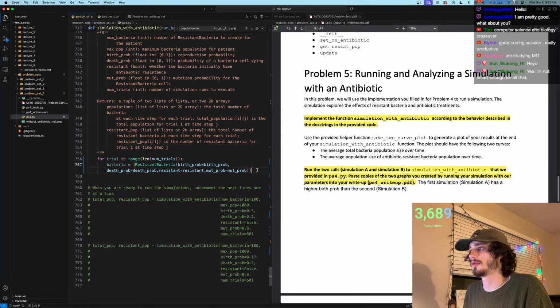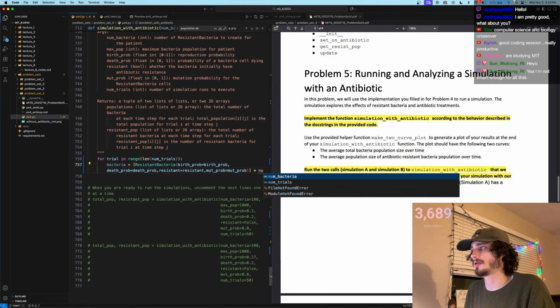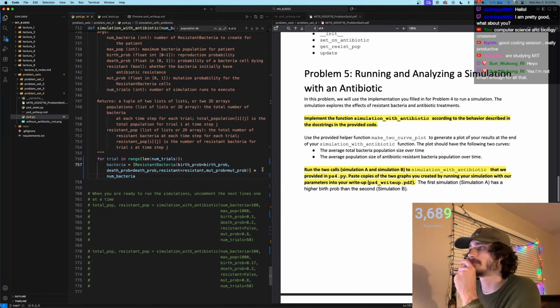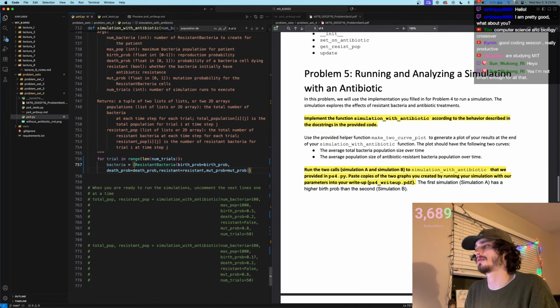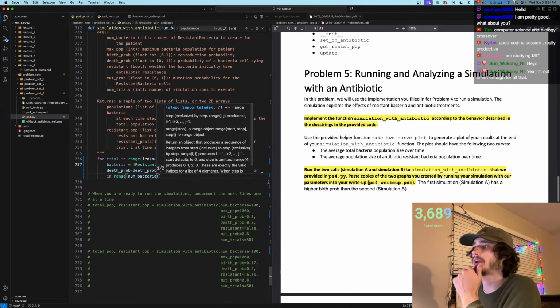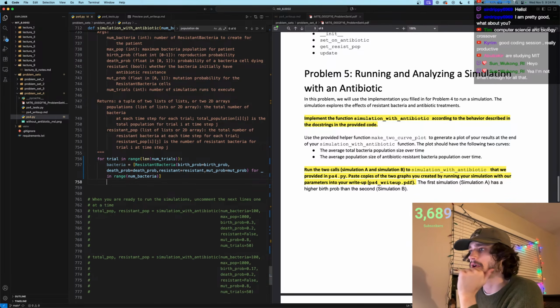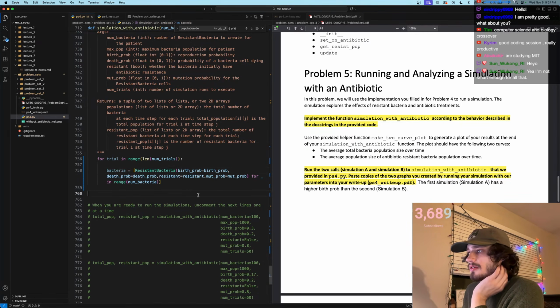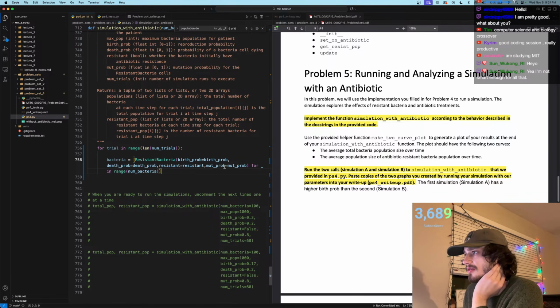And we're going to multiply this by the num bacteria. Right? I don't think we can actually do that because I think it references the same object. Like that. Okay, so we're going to create a list of resistant bacteria for every value in the range of number of bacteria.